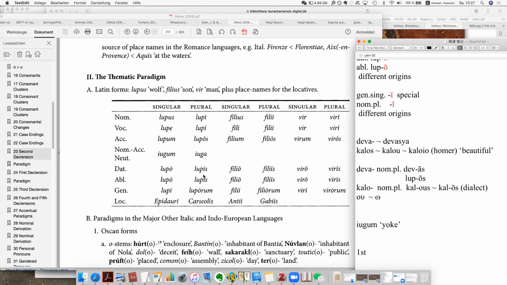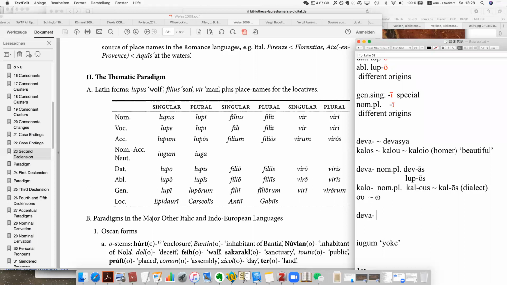But then again, you see the dative ablative called lupis. Lupis is again different, right? It's again the same declension, but different from our other forms. Okay. And then again, the genitive called luporum. It's pretty long, right? Luporum.